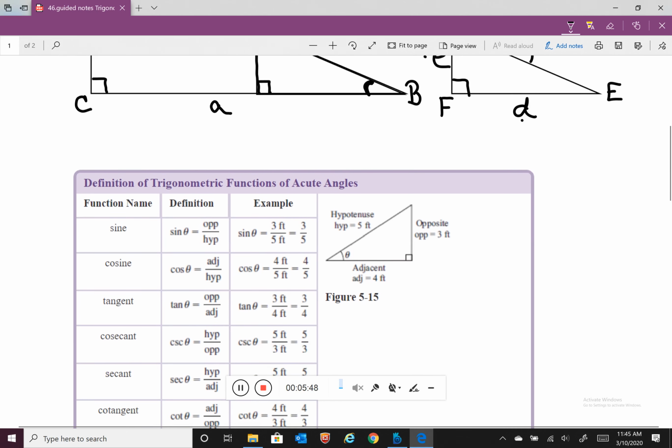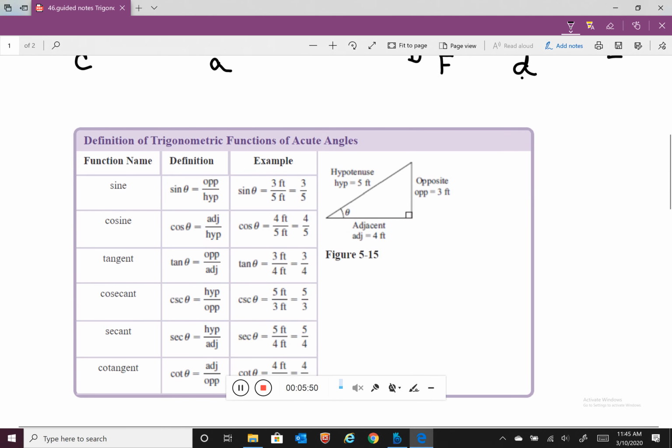So our 6 trigonometric functions are sine, cosine, tangent, cosecant, secant, and cotangent. And the definition of sine of any angle is always opposite compared to hypotenuse.